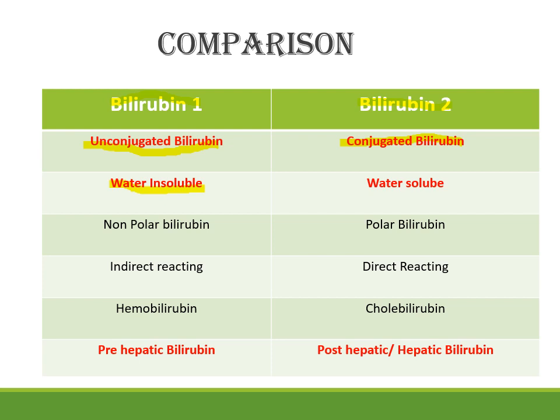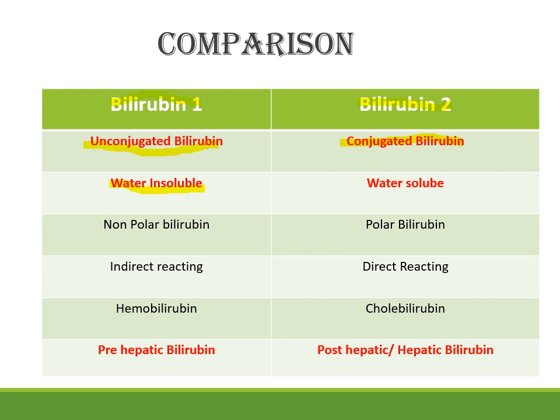That is why we are using the chemical reagent strip for bilirubin: the one that we are identifying is in the form of bilirubin 2. Aside from that, your bilirubin 1 is also known as your indirect reacting bilirubin, and bilirubin 2, direct reacting.